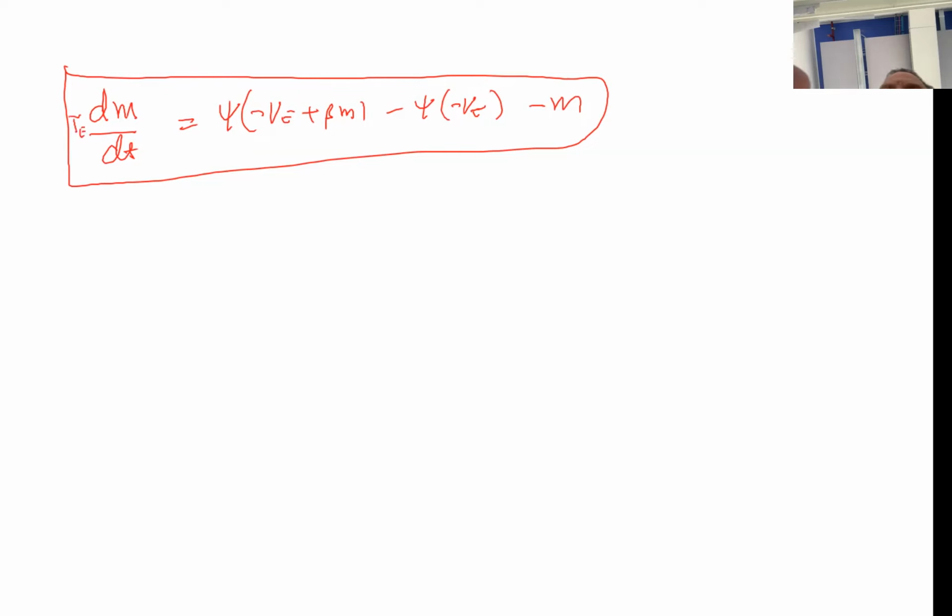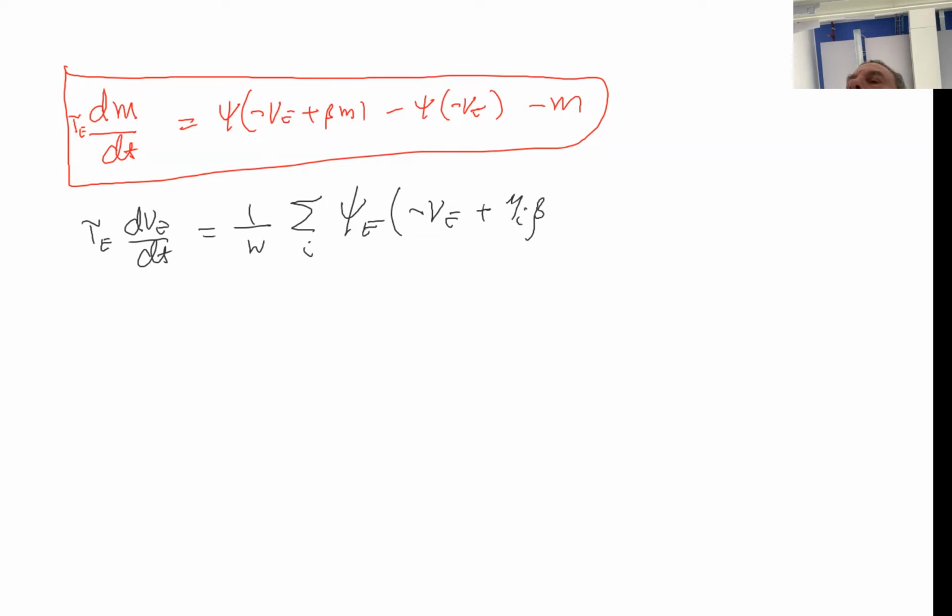So we have tau e d nu e/dt equals 1 over n, the sum on i of psi e of minus nu e plus eta i beta m minus nu e i.